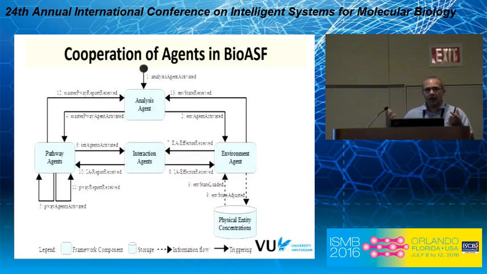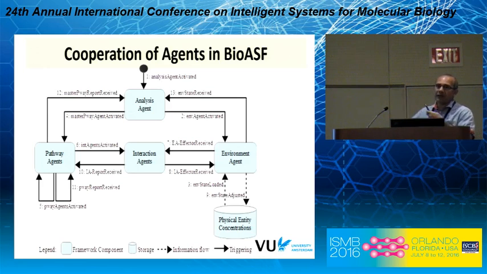So let's see how different agents within BioASF communicate with each other to realize a simulation. Simulation starts with the analysis agent, which, from one hand, activates the environment agent, and from the other hand, activates the top-level pathway agent.